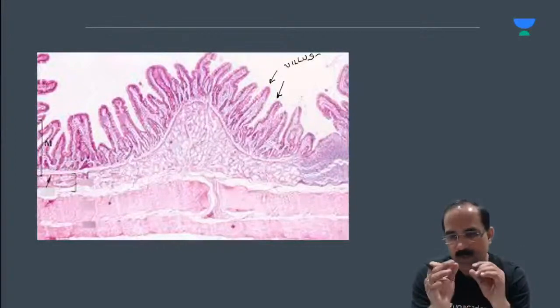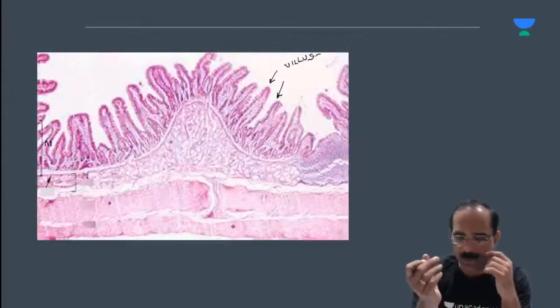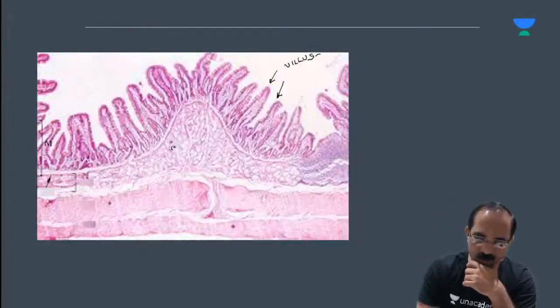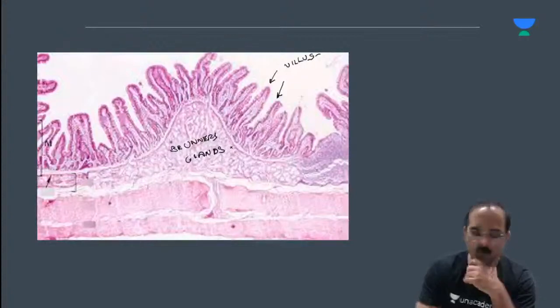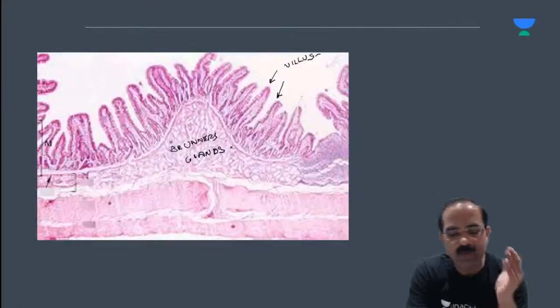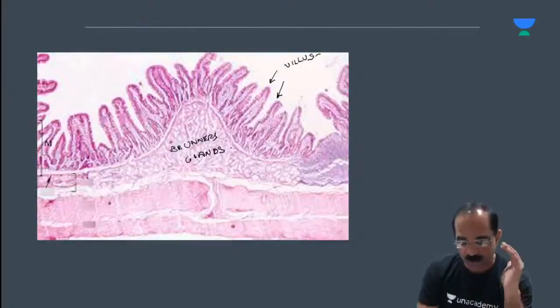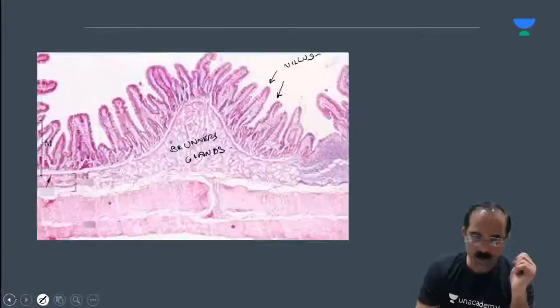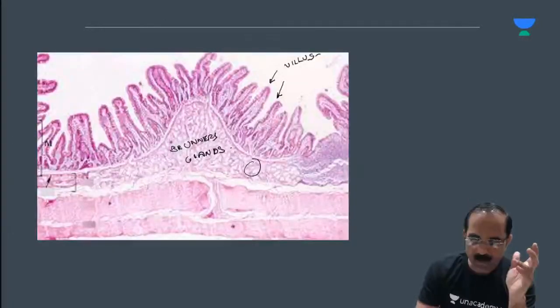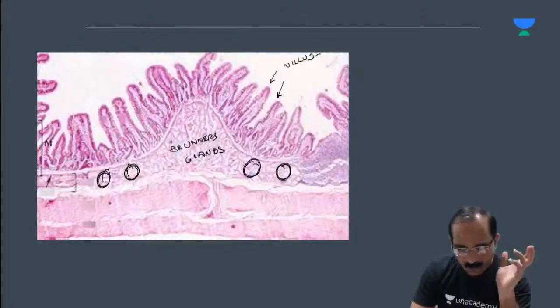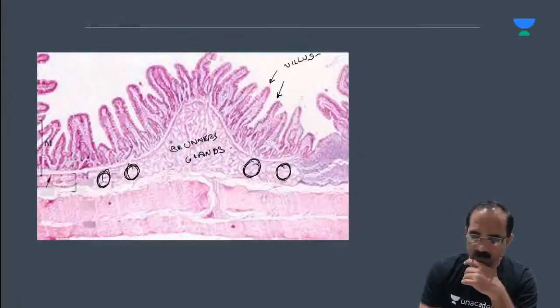If it is duodenum, what else do we get here along with the villus? We get these glands, the Brunner's glands. Brunner's glands are found in duodenum. If it is ileum, you will be getting lymphoid follicles, known as Peyer's patches.